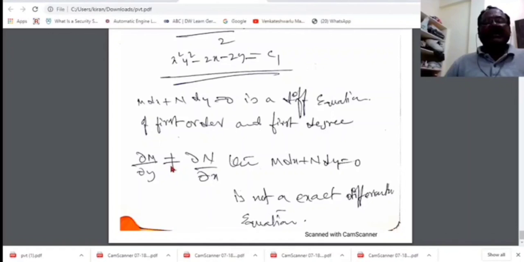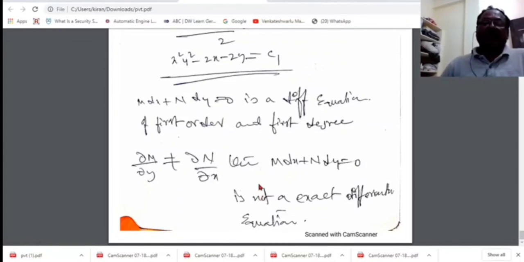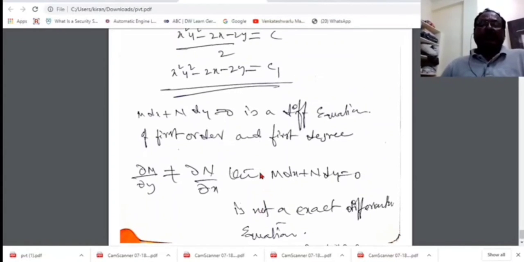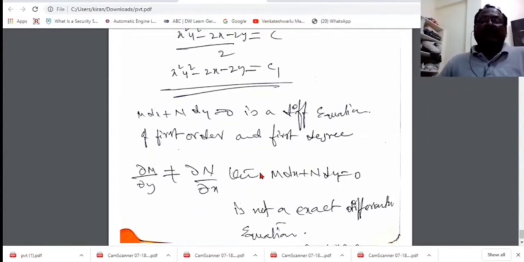In case it is equal, the given differential equation is exact. If ∂M/∂y is not equal to ∂N/∂x, then M dx plus N dy equal to 0 is not an exact differential equation.